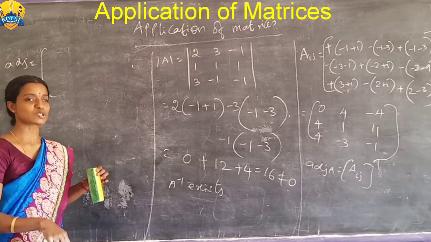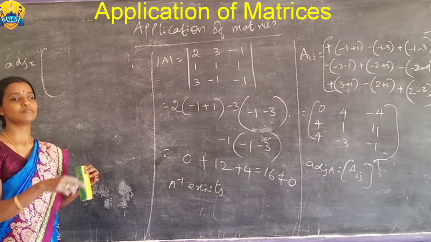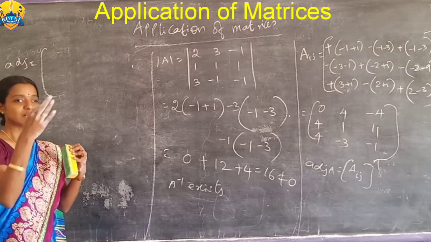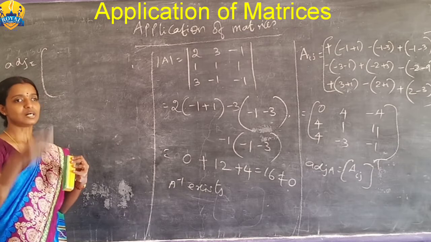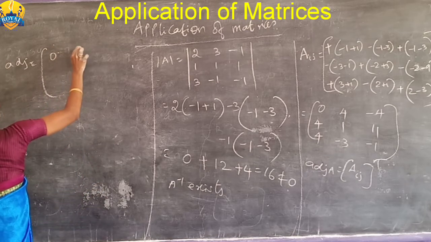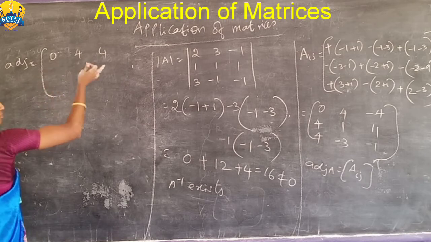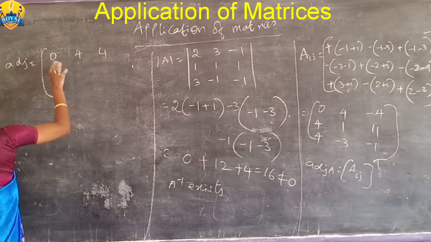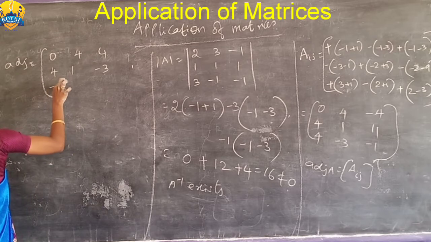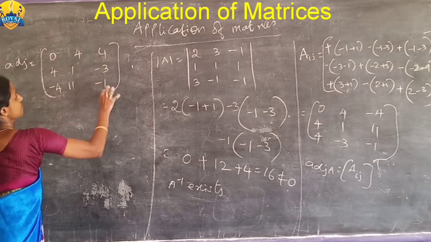Your first row becomes first column, second row becomes second column, third row becomes third column. Or first column becomes first row, second column becomes second row, third column becomes third row. So 0, 4, 4, my first row, first column changes into first row. 4, 1, minus 3, minus 4, 11, minus 1.